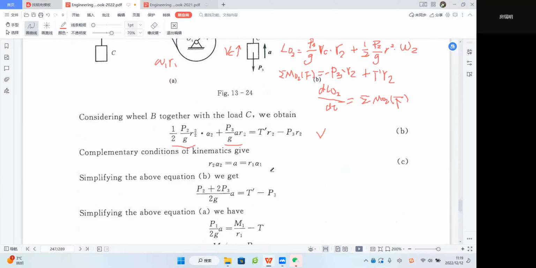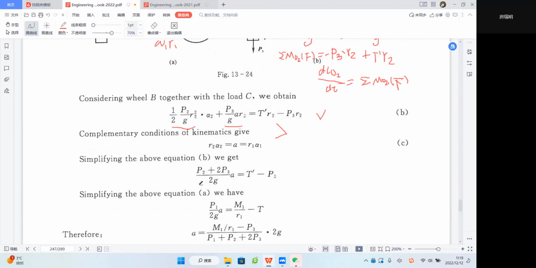So we just use these two equations. We have P2 plus 2 P3 over G times A equals this.